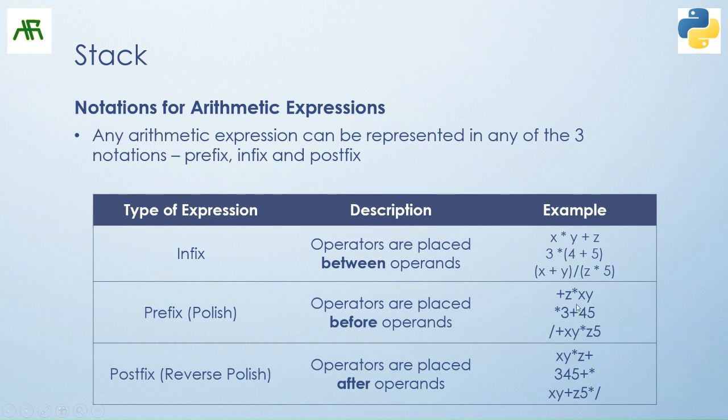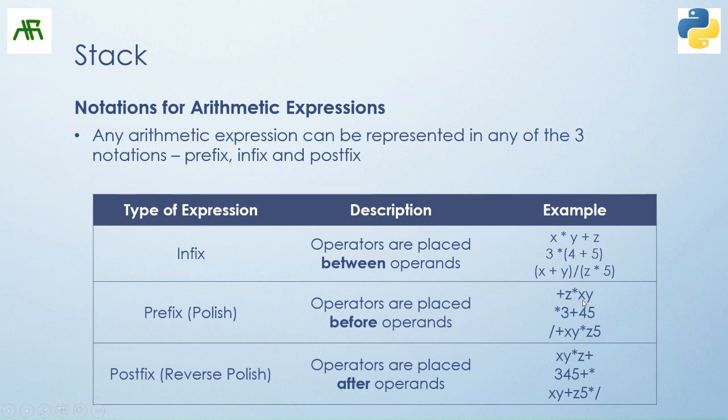If you look at the examples, the first one is plus z star x y. Here the operator plus is for z and x multiplied by y. So in infix, it will look like z plus x star y, x into y.